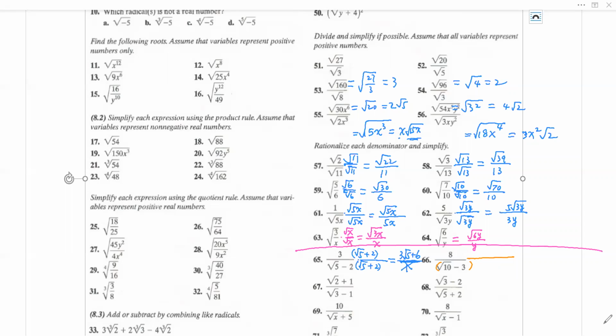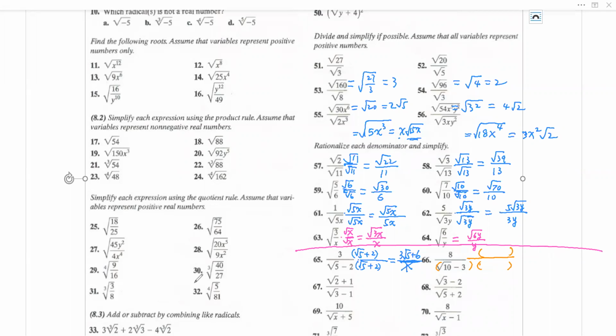Vivian, are you there? What's the conjugate of 66? Vivian, are you there?